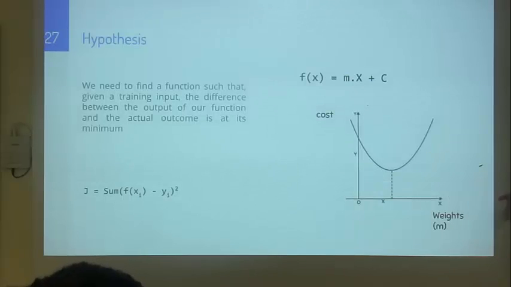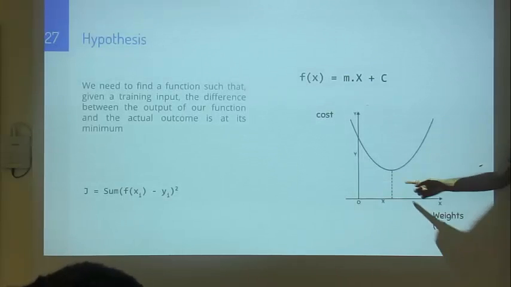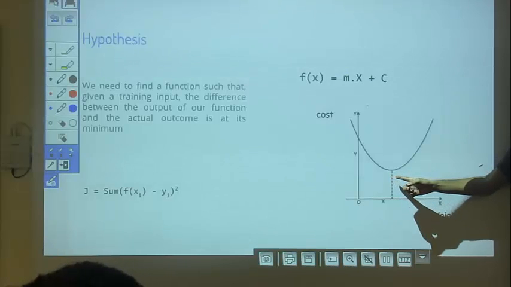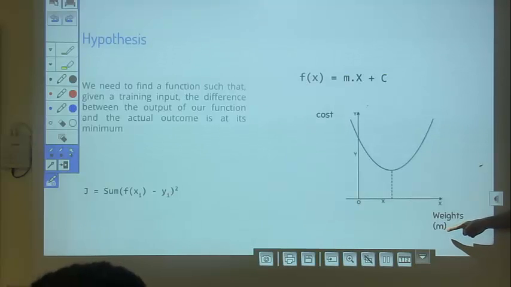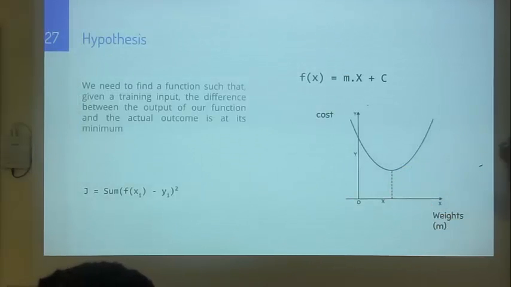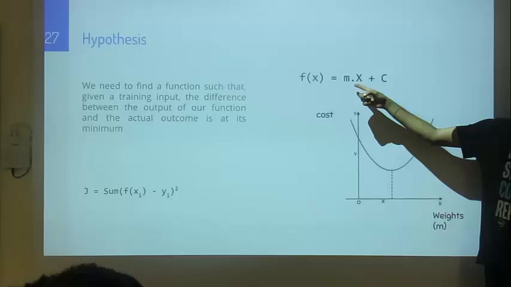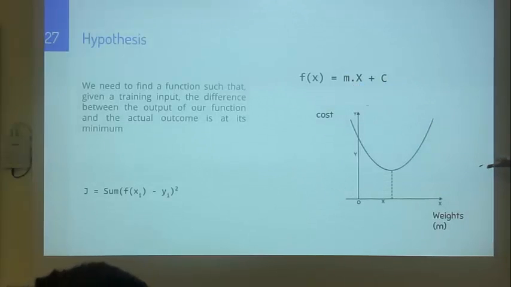It's right here. This is the minimum value. At the minimum value, we have a number for m or c. This is two-dimensional, so for example, c. If we have three dimensions, we can plot c as well. For a given m, we get the minimum cost. That's the best we can do. So we get that m and plug it into our function and we get the correct prediction. That's all we have to do.